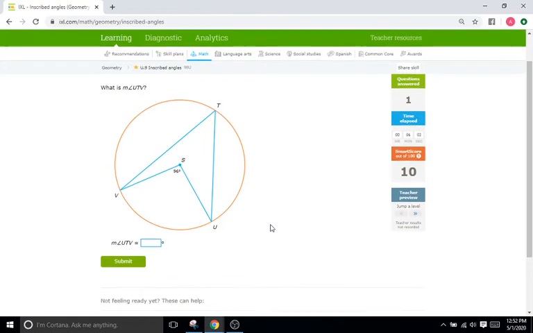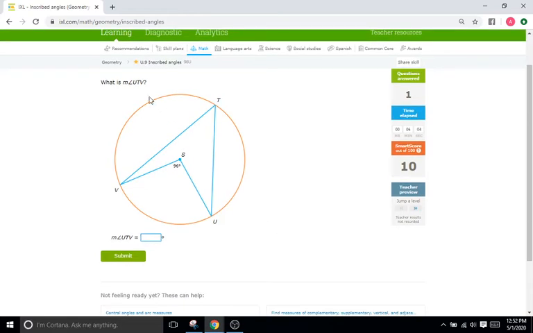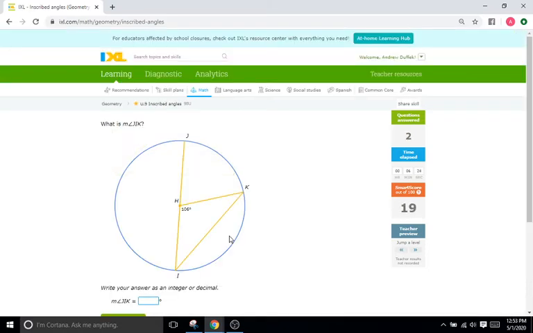Same type of problem here. This is asking for UTV, so it's asking for our inscribed angle down here. If 96 is our central angle and therefore the degree value of our arc up here, what's half of 96? That's going to be 48. So 48. There we go.